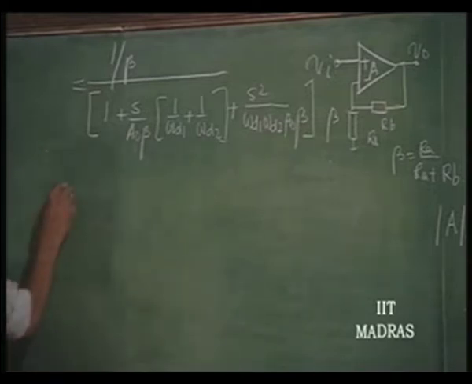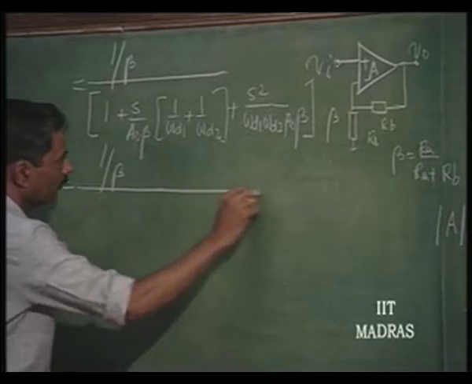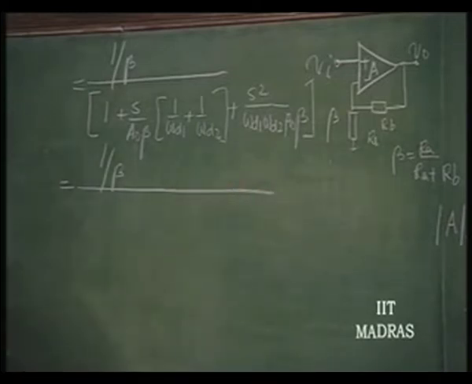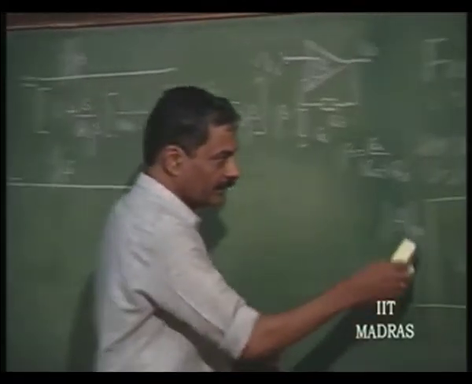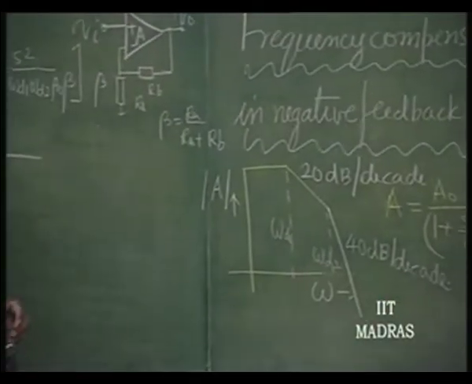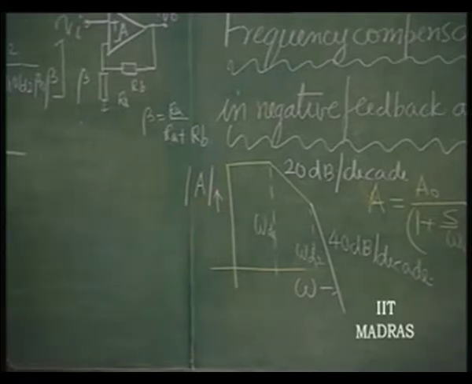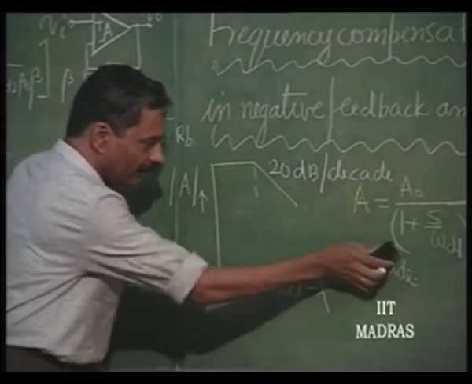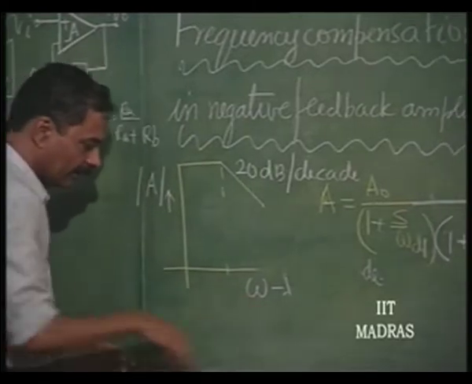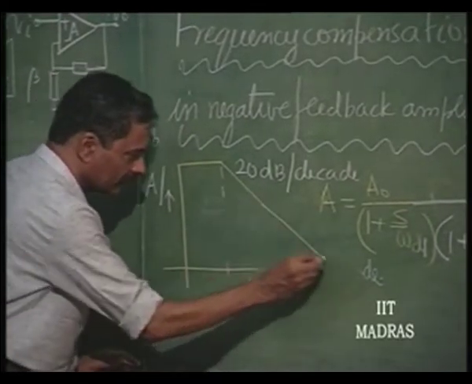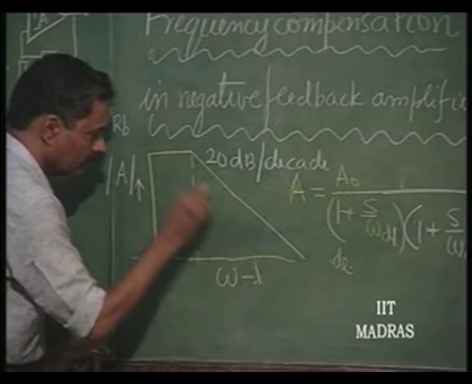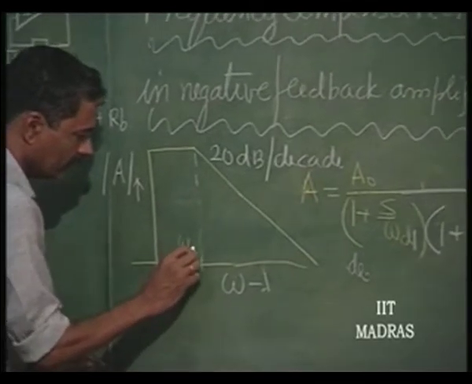This can be rewritten as, look at it. This is the original thing without feedback, open loop amplifier. In the case with only one dominant pole, let me go back, it was like this. This was omega d.